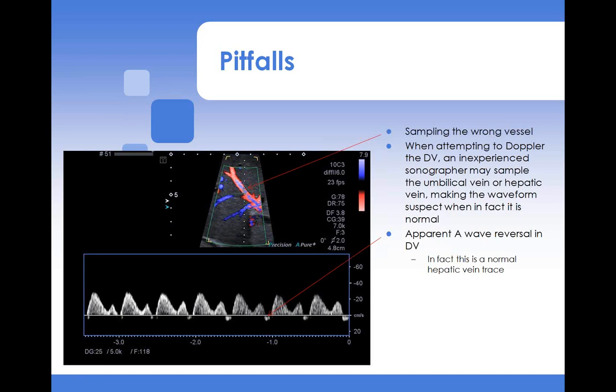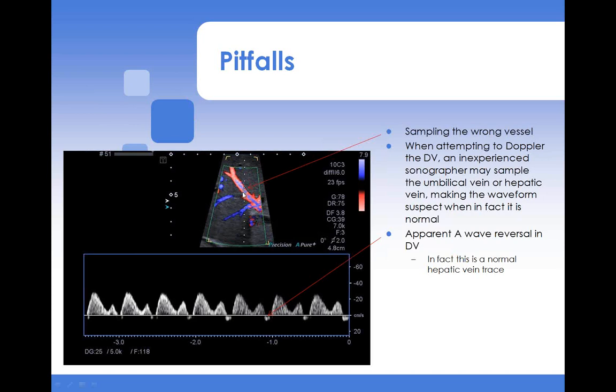Sampling the wrong vessel. Now this obviously can have very significant clinical implications. If someone's inexperienced or hasn't done many advanced fetal Dopplers, and I've seen this done, someone is attempting to interrogate the Ductus venosus.